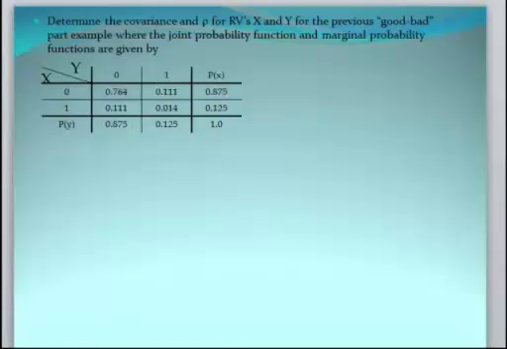Now for this problem, we are asked to determine the covariance and the correlation coefficient for the random variables from that previous good-bad part example, where we already found that it's not statistically independent because this value is not the same as when you multiply these two values together, right?